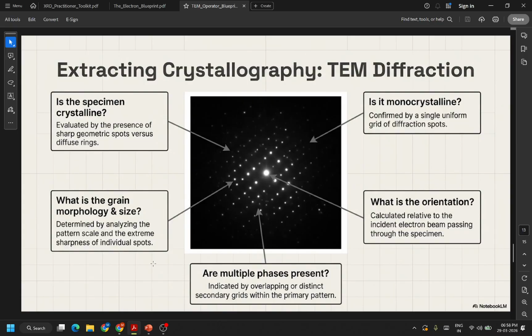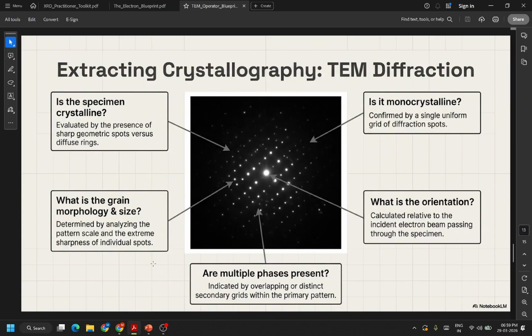Next is TEM diffraction. It can be used to extract crystallography. First, you can see if the specimen is crystalline. That is evaluated by the presence of sharp geometric spots versus diffuse rings. If the specimen is not crystalline, you will get rings instead of very fine spots.